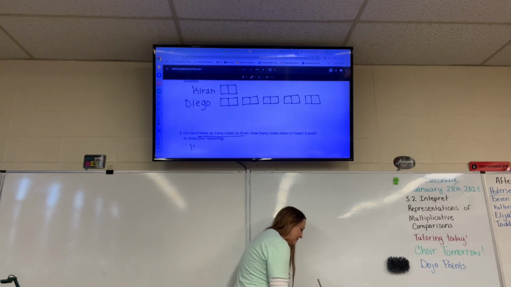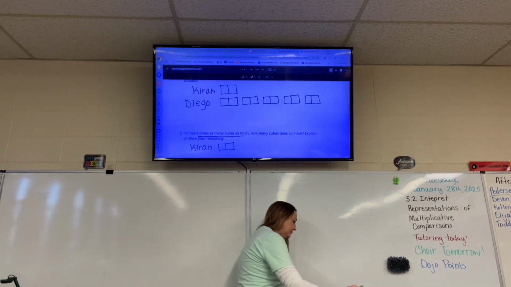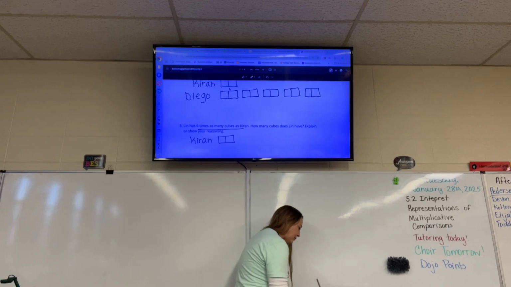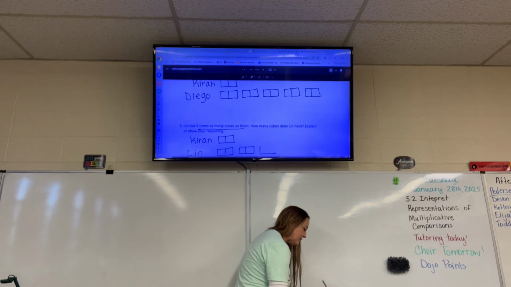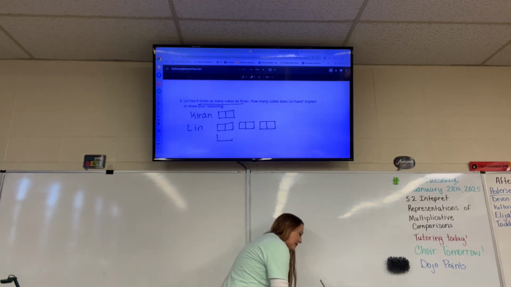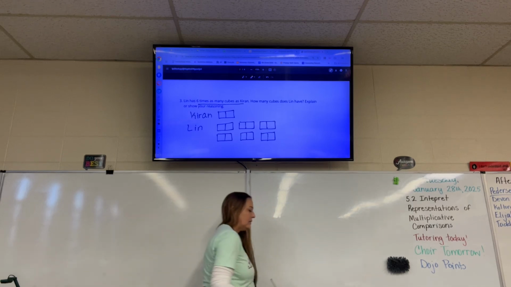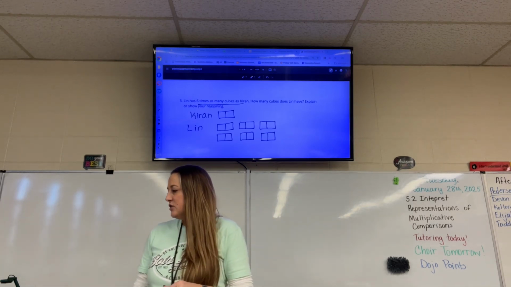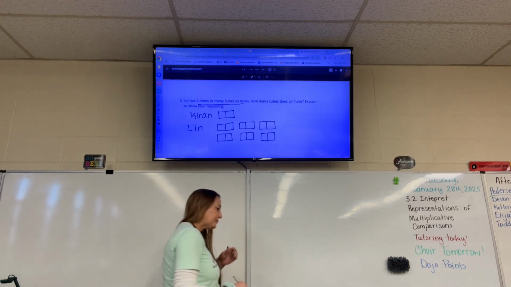So we draw Kieran's amount again. And then for Lynn we're going to do 6 groups of 2. To make it easier to visualize, when I'm doing 6, sometimes I will make 2 stacks of 3. Makes it easier to see there's 6 there if you split it up into 2 groups of 3.